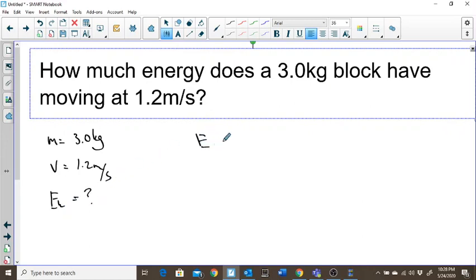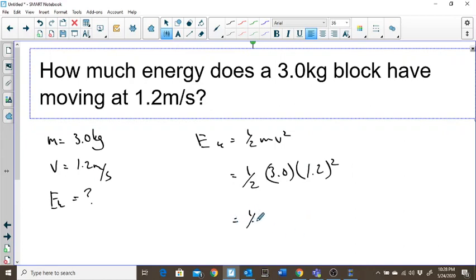So our kinetic energy, EK, is equal to 1/2 mv squared. So we're going to go 1/2, and then our m, which is 3 kilograms, so 3.0. And then we'll have our 1.2 meters per second, but we square this. So how do we do this? I'm going to go 1.2, and I'm going to square it.